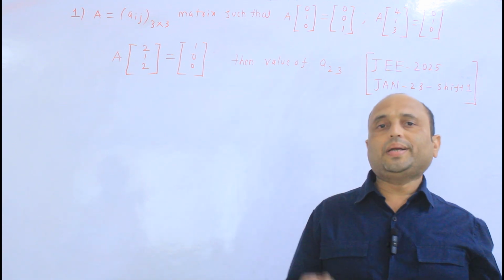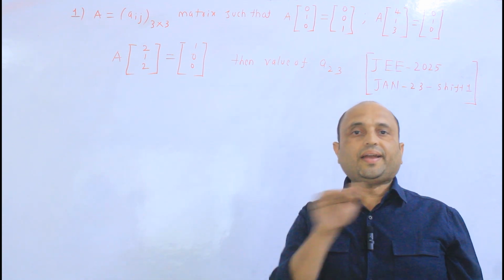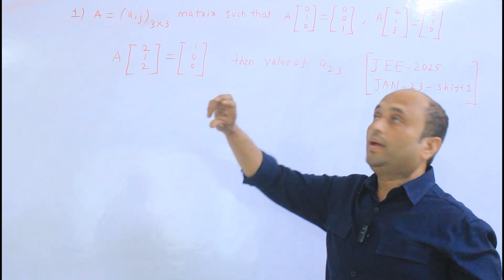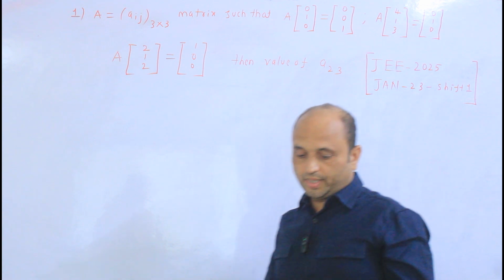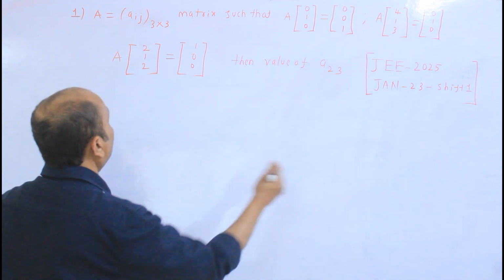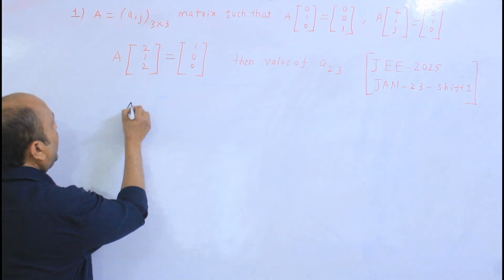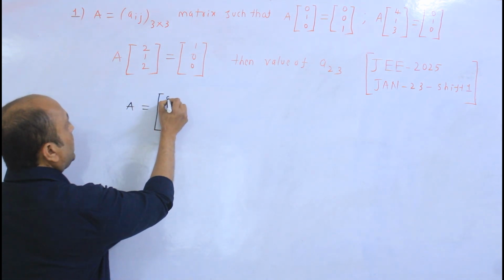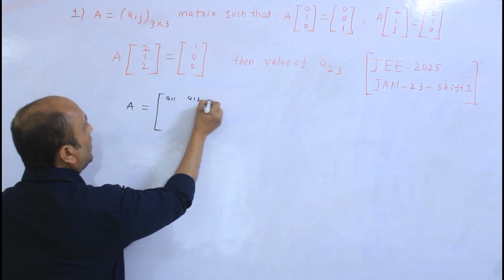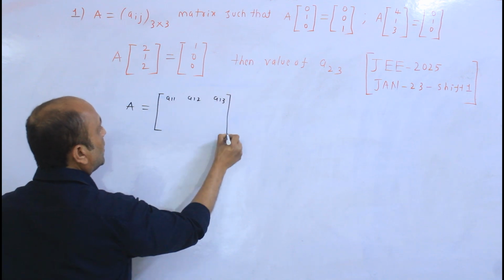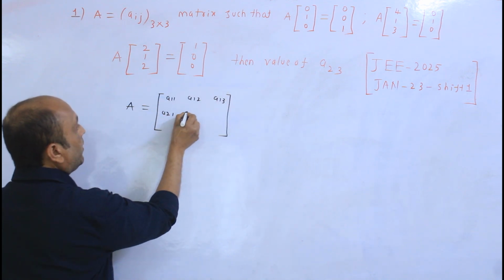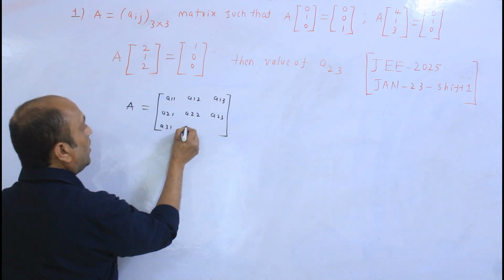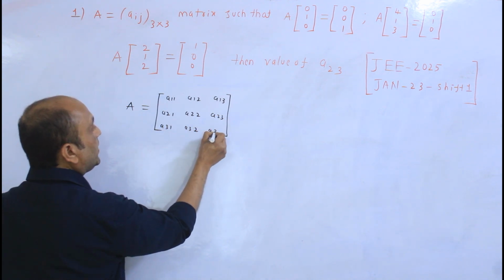A23 means the element present in the second row and third column. So we want to find only one element by using these three equations. Suppose A equal to Aij of 3 cross 3: A11, A12, A13, A21, A22, A23, A31, A32, A33.